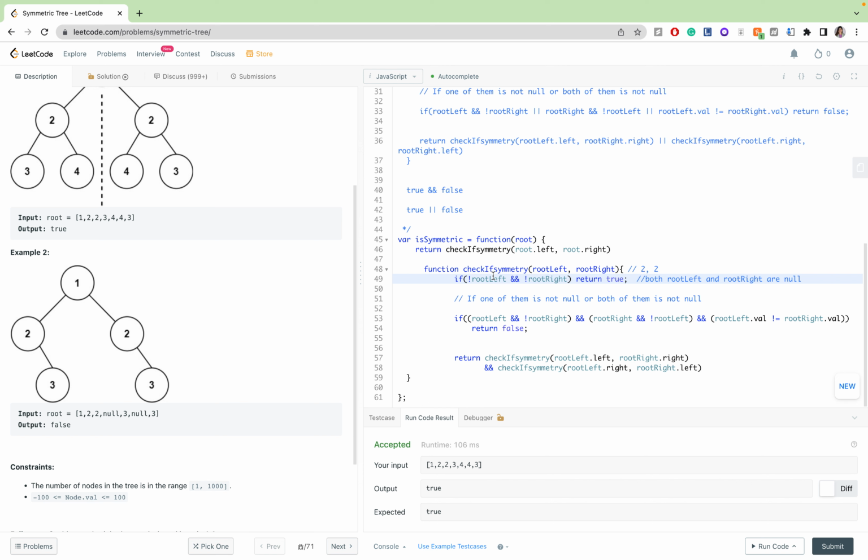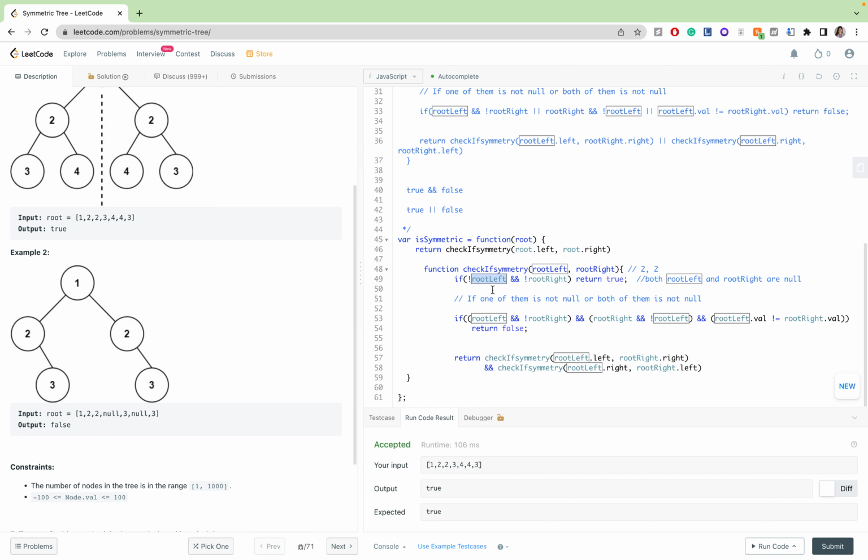If this will return true, this also returns true. Then I mean, if it is null, then not null will return true, right? So in this case, if this is the case, not null, then this will return true.